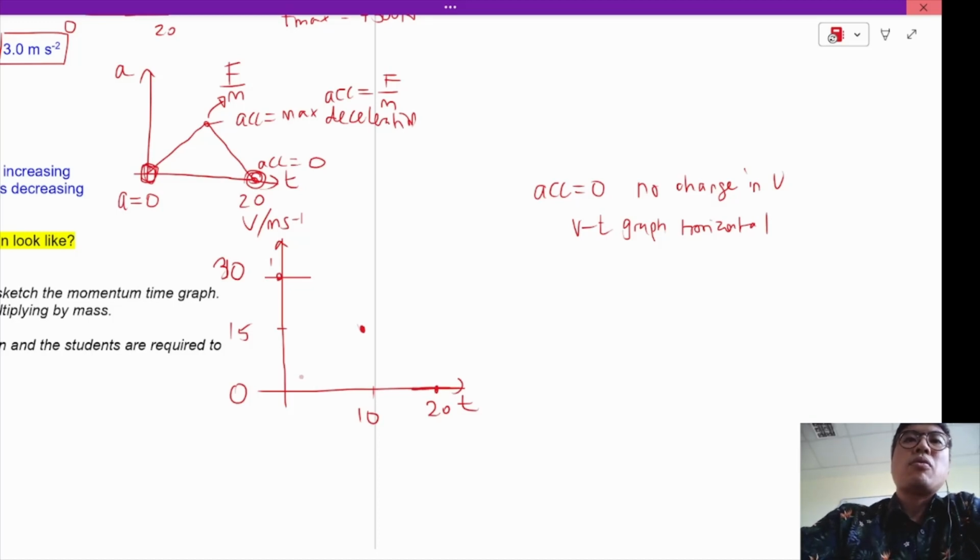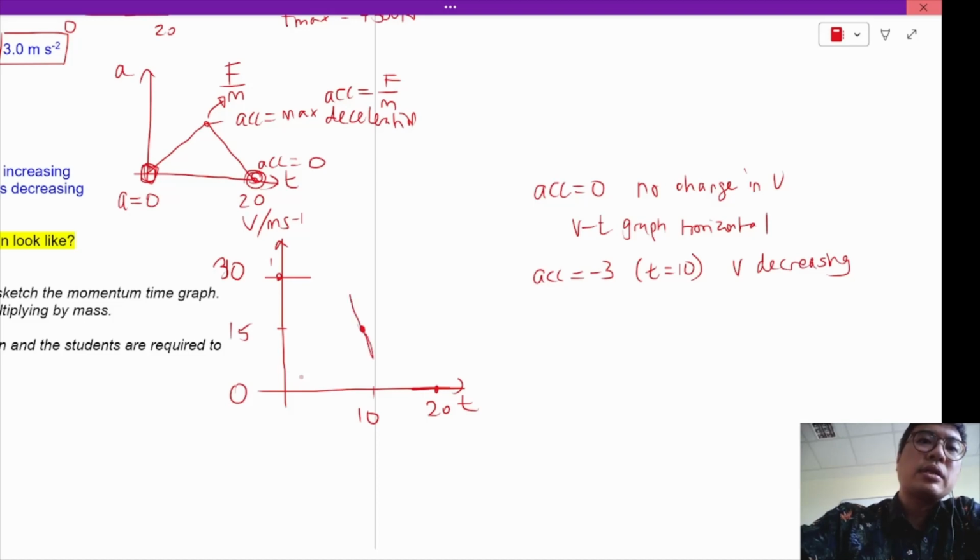Now, what happens when the acceleration is -3 at t equals 10? That means that the velocity is decreasing. If the velocity is decreasing, then the gradient should look like this. So we need to follow the gradients.